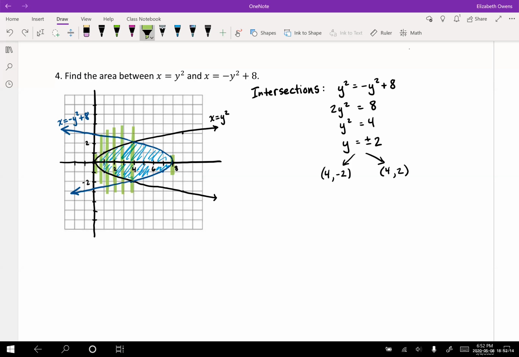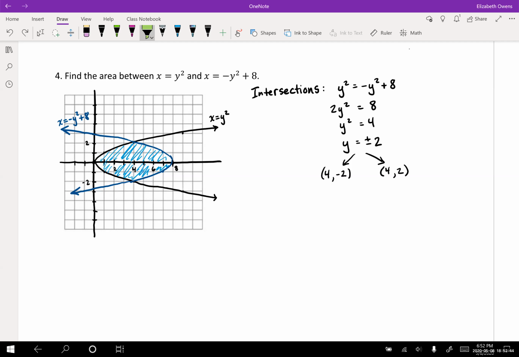Okay, which is doable. Then over here to the right of 4, you'd have to take the two halves of the navy blue parabola, negative y squared plus 8, take the difference between those and integrate that from 4 to 8. Again, doable, but perhaps not ideal.